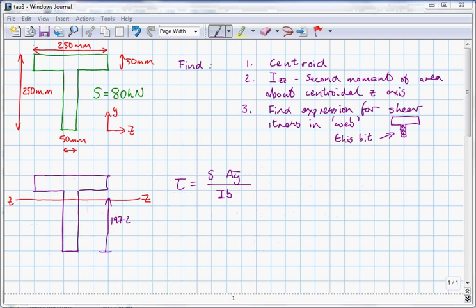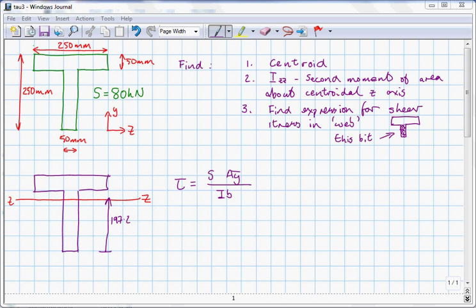So now it's time to calculate the shear stress. I've put the equation there for shear stress, S times AY bar divided by IB. It's one of those equations where it's really important to understand what each of those terms mean, because the letters themselves, if you just remember that equation, may not help you to actually make the calculation.